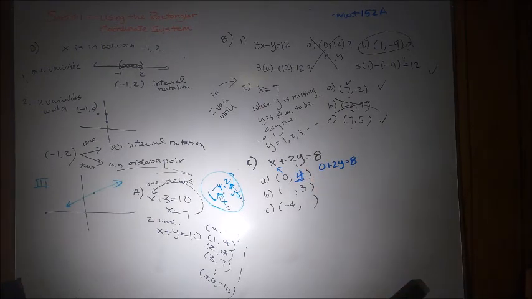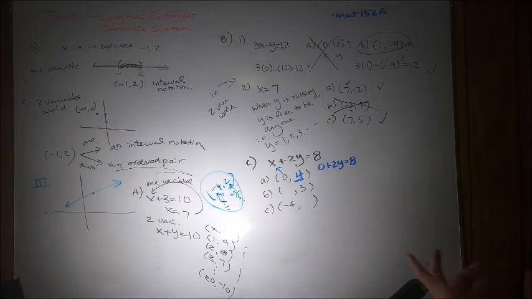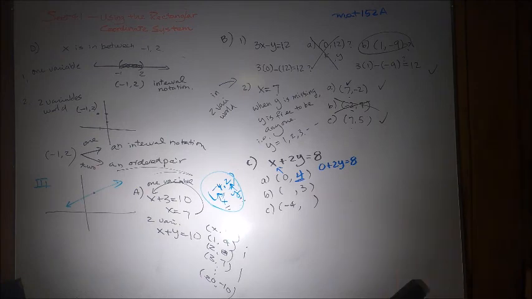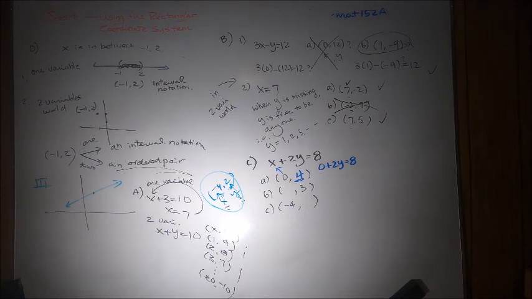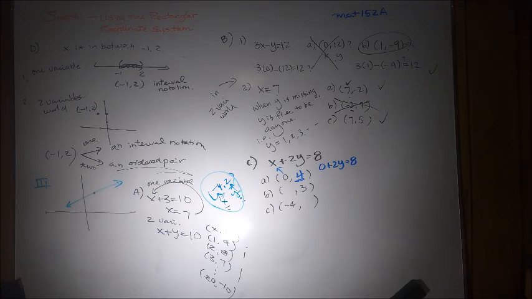So you need to know how to solve linear equations before you can find the points on the line, okay? If you still have trouble solving linear equations, that means what? You are in trouble, right? You need to catch up.